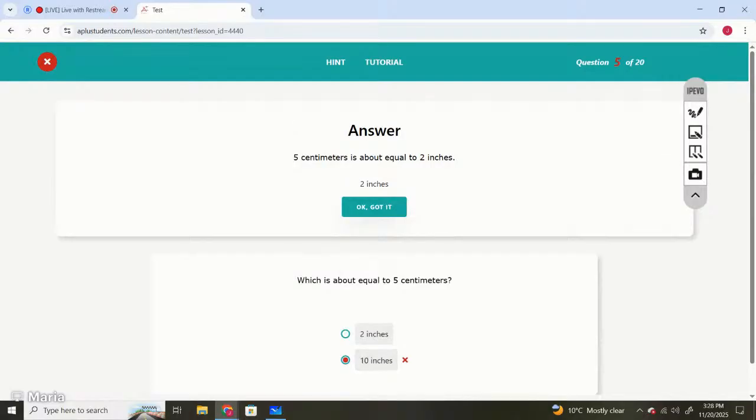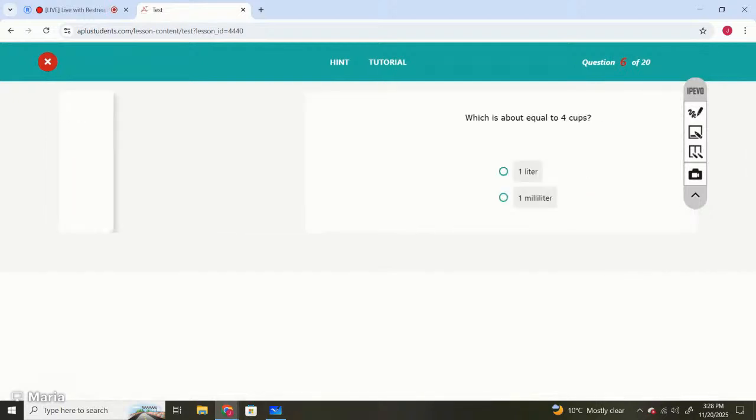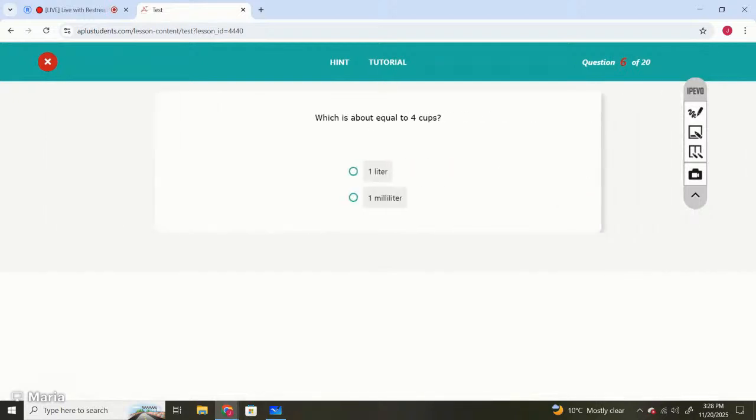The one, 5 centimeters is equal to 2 inches. Which is about equal to 4 cups? 4 cups is equal to 1 liter. The correct option is 1 liter.